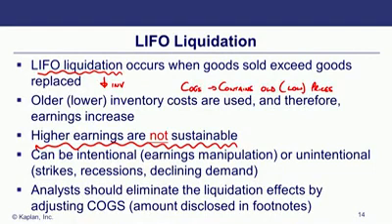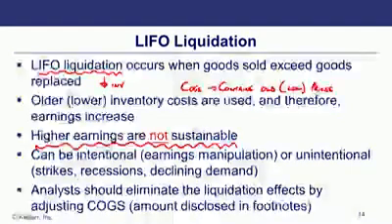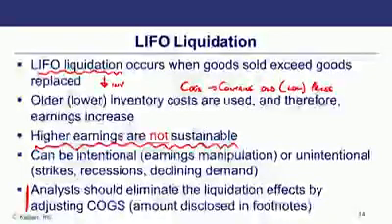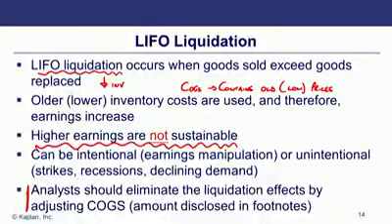But the key point is it's distorted our profit margins in the year of the LIFO liquidation. What should the analyst do? Well, eliminate the impact of the LIFO liquidation by adjusting cost of goods sold. In other words, let's adjust cost of goods sold from LIFO to FIFO. Amount disclosed in the footnotes, well, of course it is. We know we need to adjust by the change in the LIFO reserve.